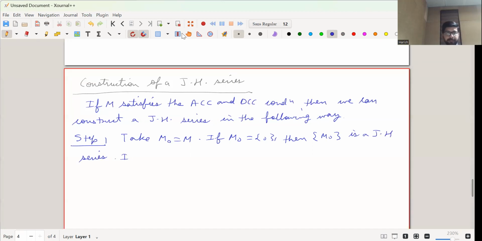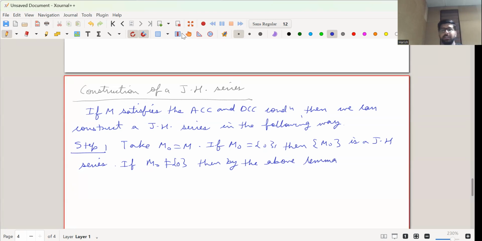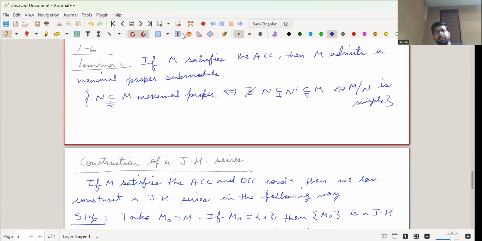And if M naught is not equal to 0, that means M is not equal to 0, then by the above lemma, since the module satisfies ACC, the above lemma says that if M satisfies ACC, then M admits a maximal proper submodule.